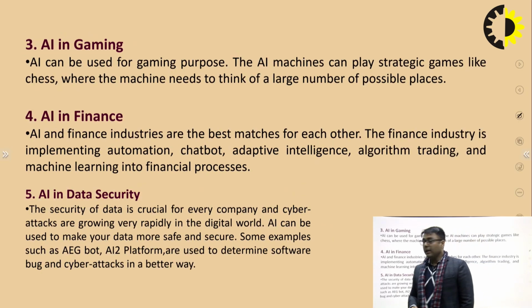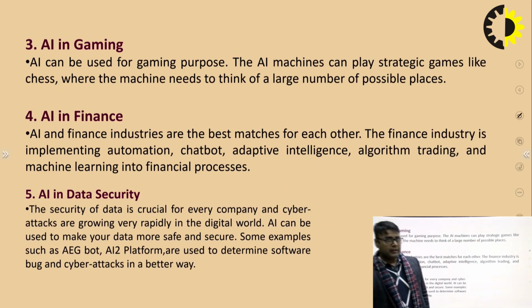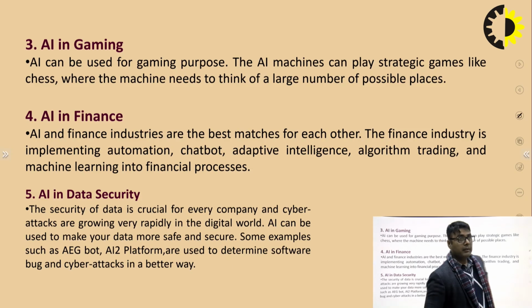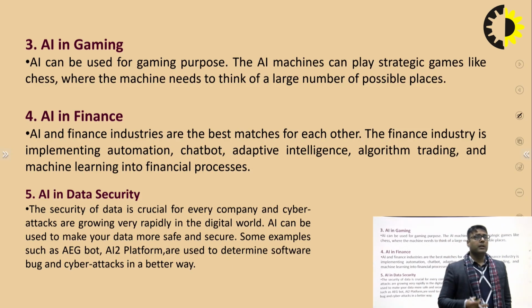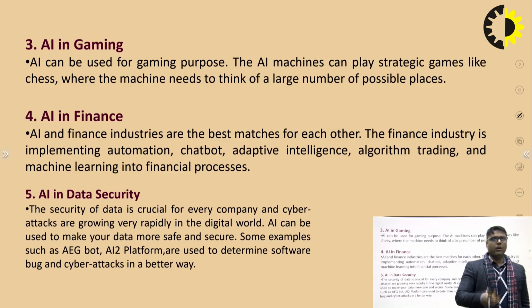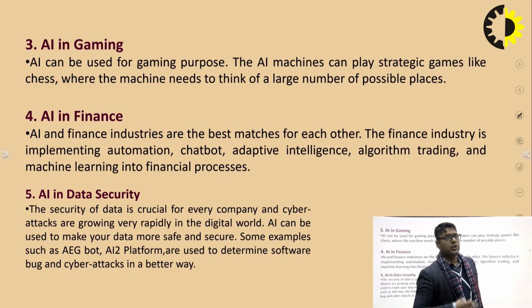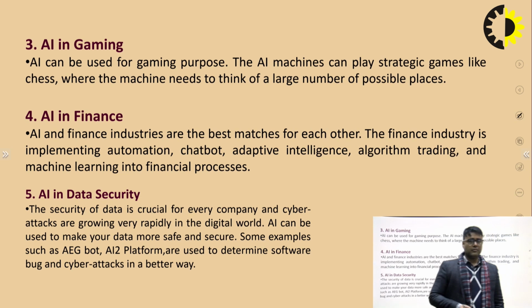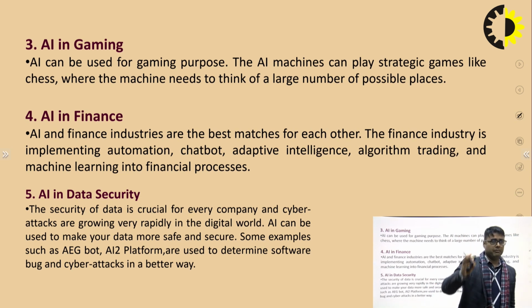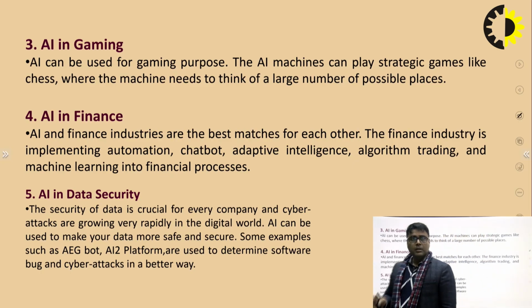Next is AI in gaming. All of you know that in the gaming section AI is mostly used, in different games on laptops and online games. AI basically works on virtual situations at all times. AI can be used for gaming purposes.